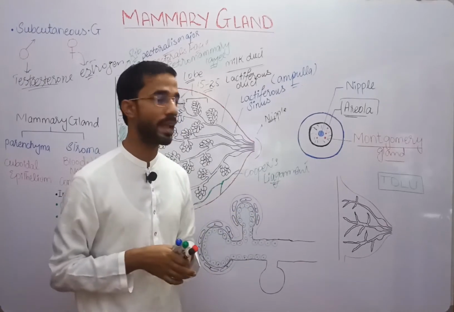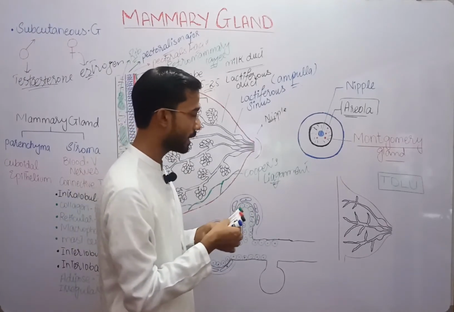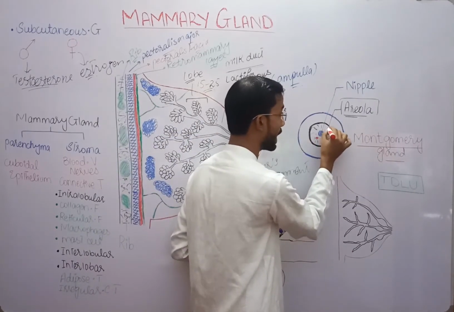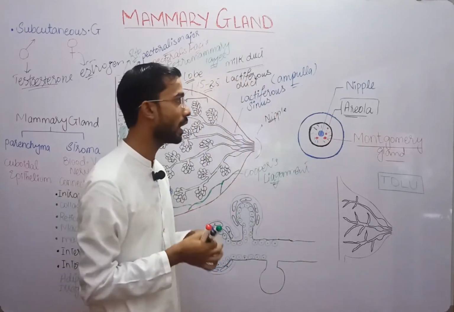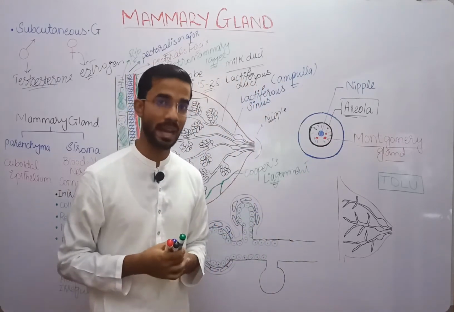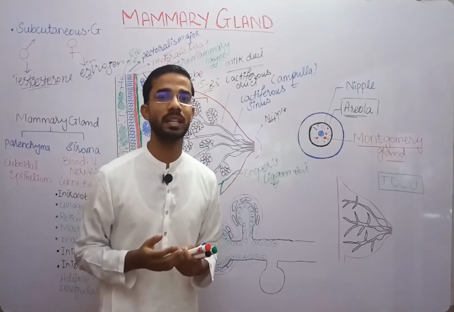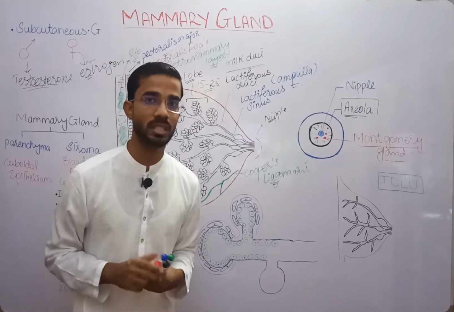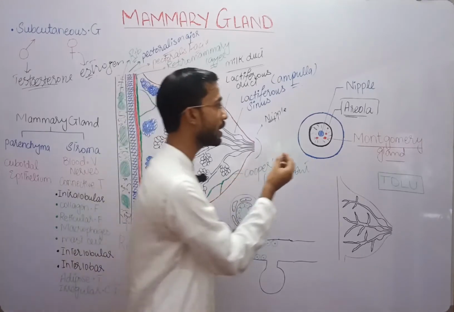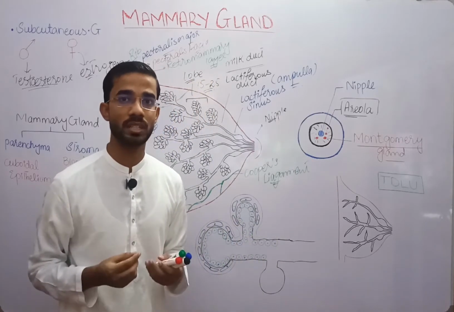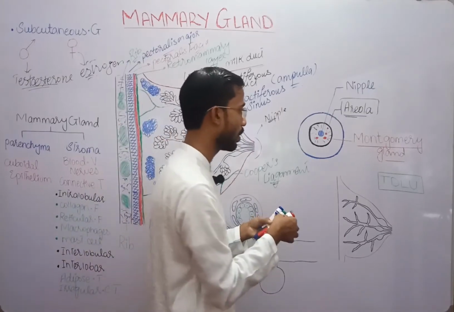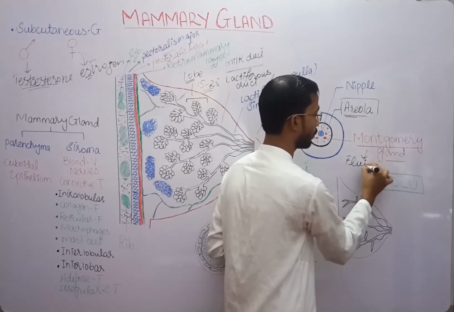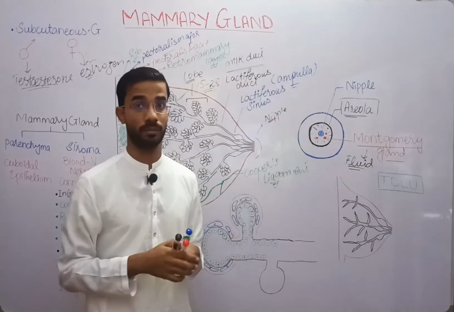And here you can see at different levels of the areola there is a gland called the Montgomery gland. Montgomery gland is basically a combination of the milk gland and the sebaceous gland, and for the most part it acts as a sebaceous gland, and it secretes fluid during lactation.